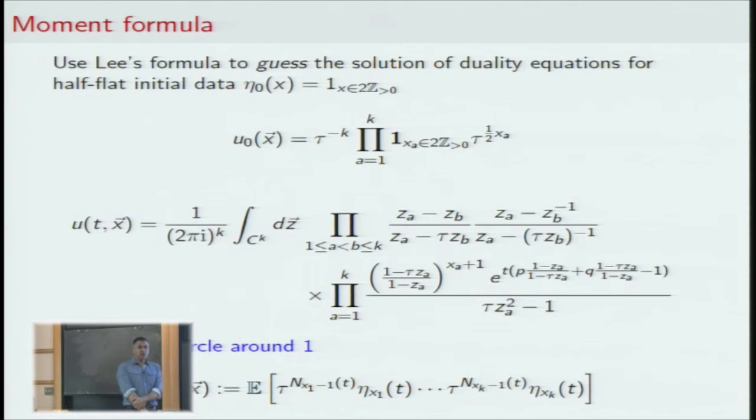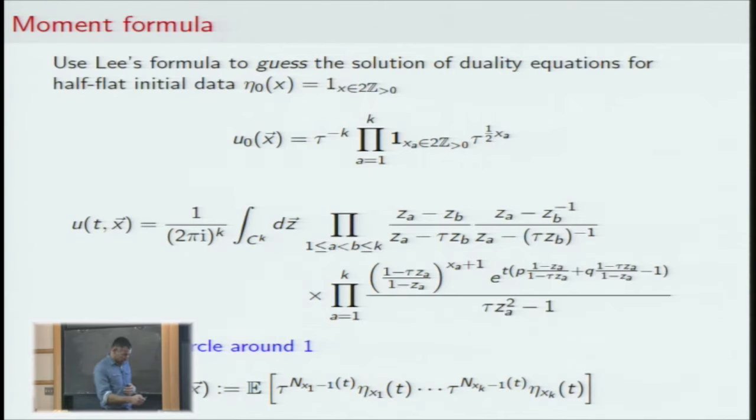The way you guess is you stare at Yuheng Li's formula and try to see what makes it work. Then you throw those things into the existing formulas of Borodin and Corwin from Macdonald, and you find out that this is the extra term you should add. Without this term, this is basically the formulas of Borodin and Corwin coming from Macdonald. But then you add this extra term and you find out that it works. And this gives you the half-flat initial data.